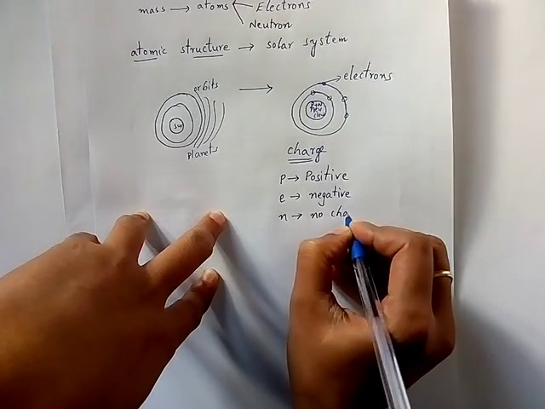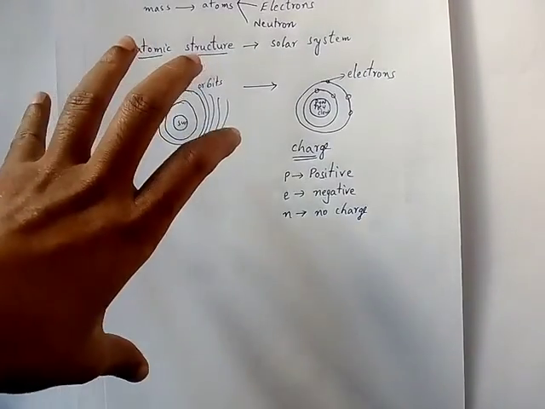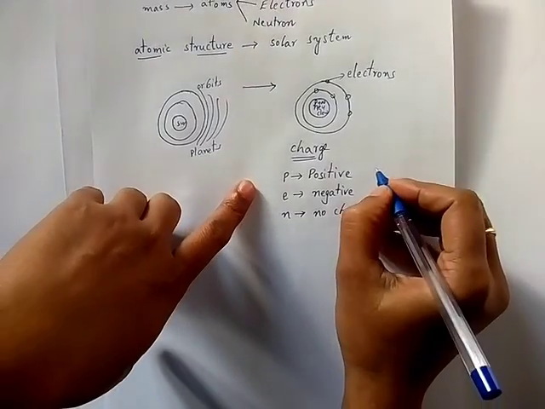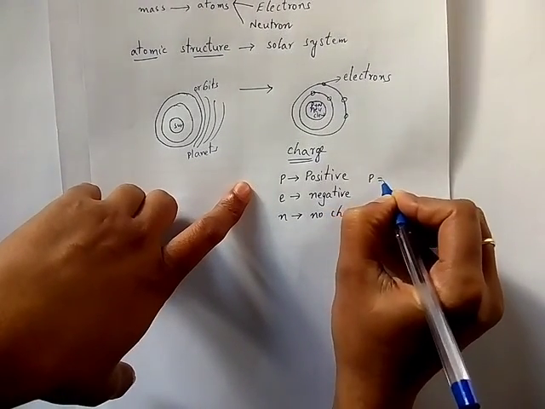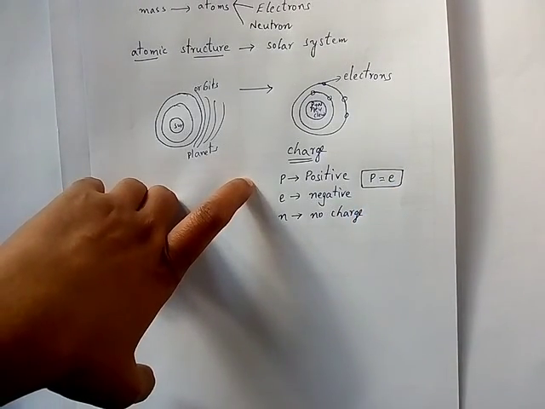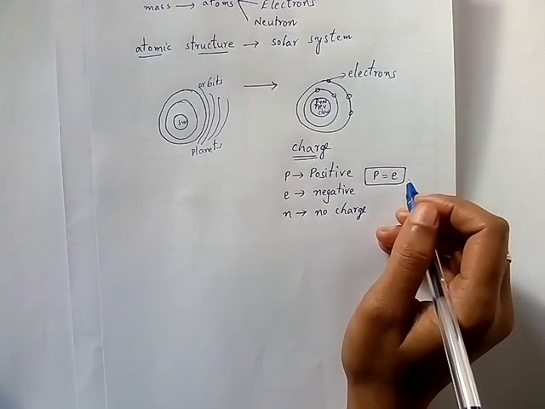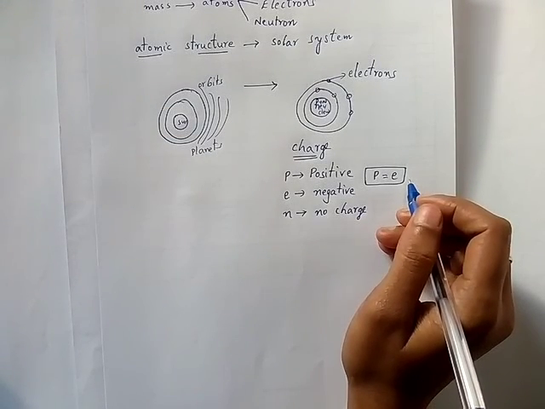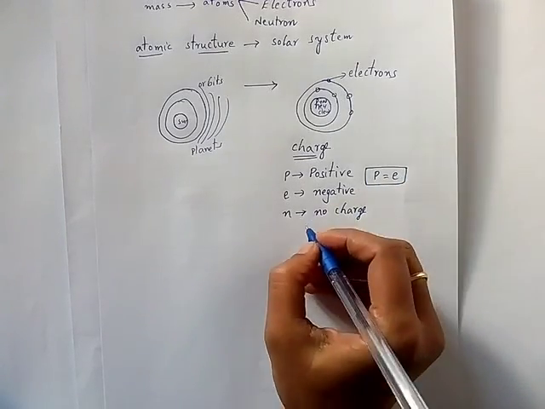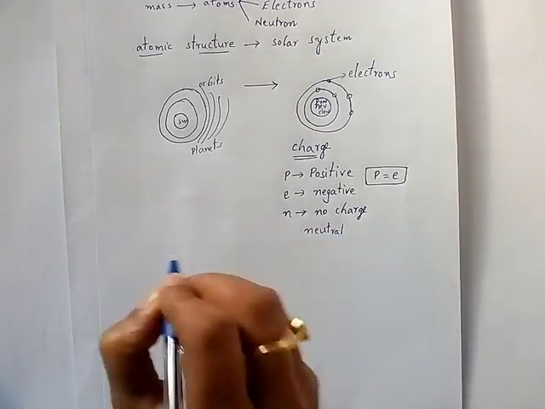Every object, and every atom in the object, has a number of protons equal to the number of electrons. This is the reason that when you just touch it, you will not have any attraction, repulsion or any other thing. They will generally be neutral.